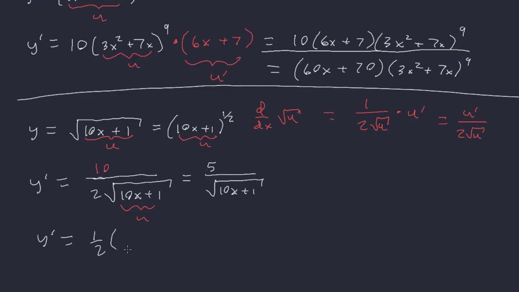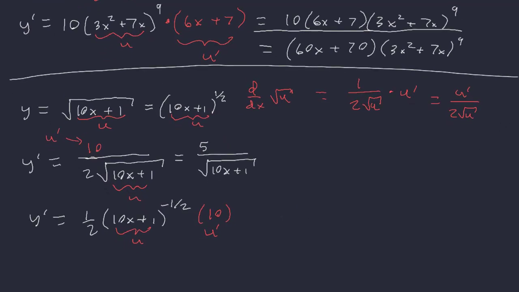So it'll be 1/2 times 10x plus 1 to the negative 1/2, then times the derivative of the inside. So this is u still left alone, and this is u prime. I guess I should have written here that that 10 is u prime. Okay, and that simplifies out to be 5 times 10x plus 1 to the negative 1/2.